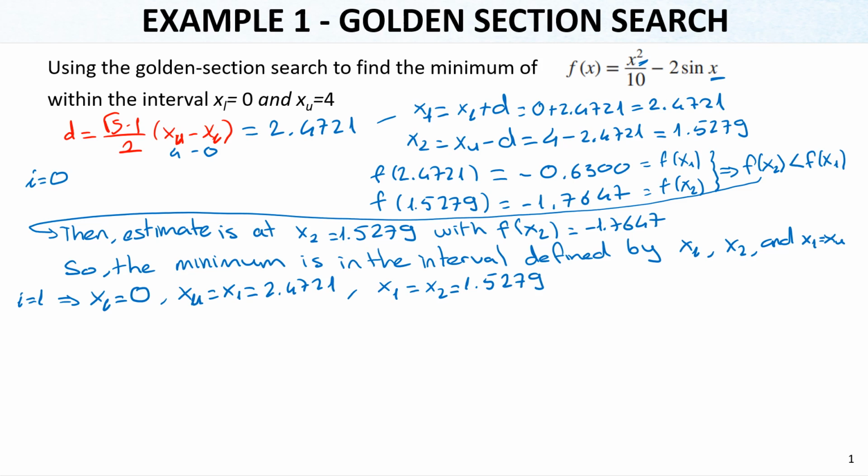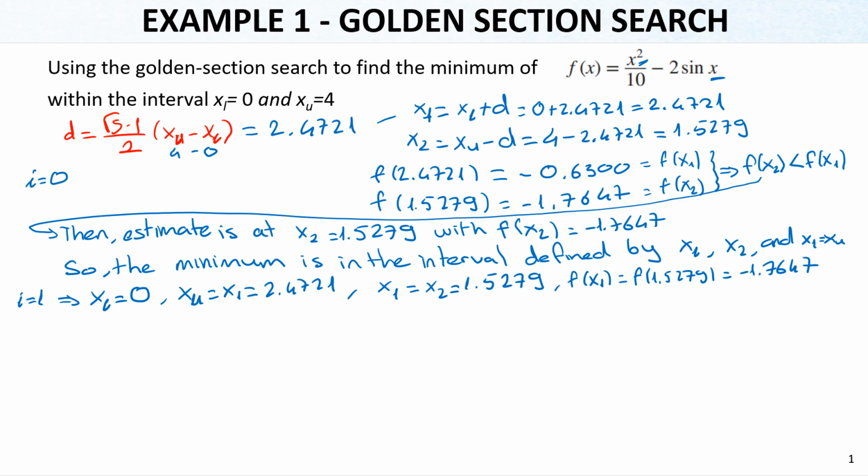And we already know the function value of this. We don't need to calculate it again. Fx1 equals f of 1.5279, which we already know as minus 1.7647. So I wrote here for i equals 1, the next iteration, the values.